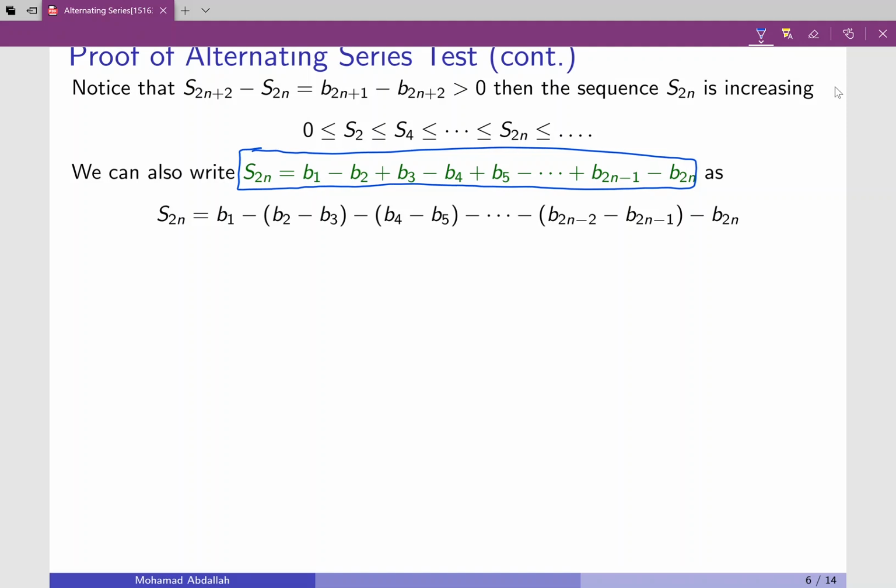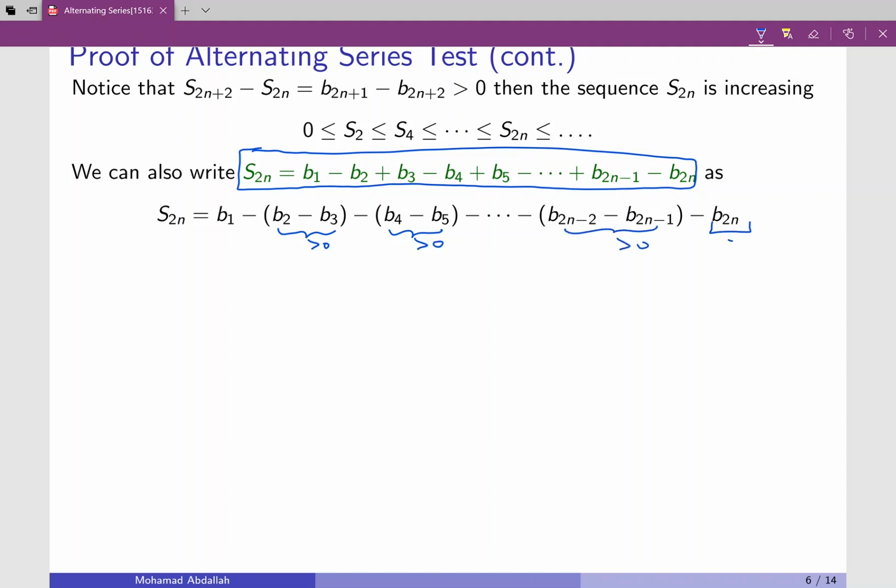So I want to group b2 and b3 together. You put parentheses around them, you change the sign inside because you have negative outside, and so on. I'm leaving this and this by themselves. Now let's notice something here. b2 minus b3 is a positive quantity, this is bigger than 0, this is bigger than 0, this is bigger than 0.